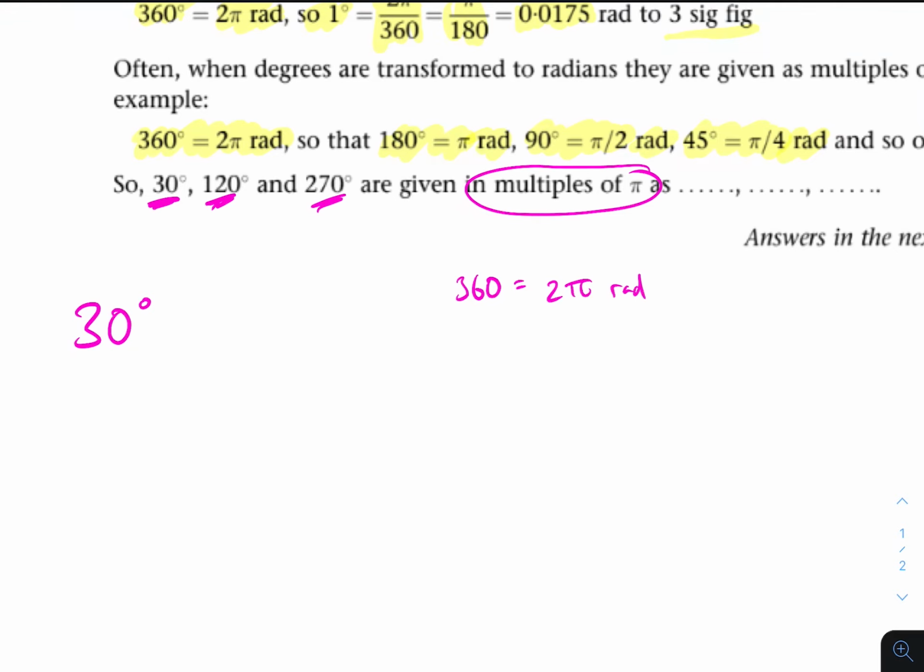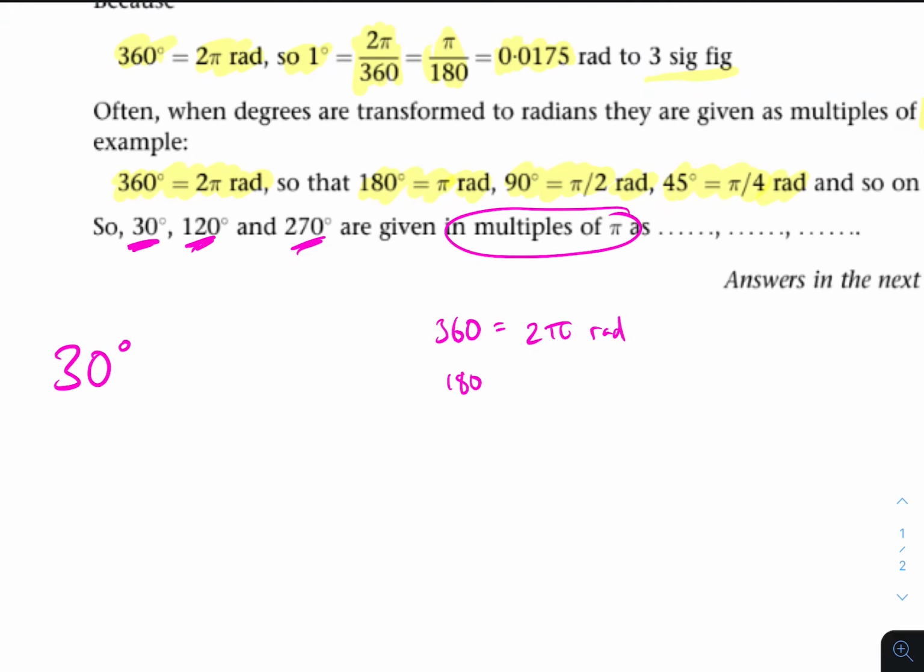And 180 is half of that, right? So 2 pi divided by 2, which is actually just pi, right? Then you've got 90, which again is half of that, so it should just be pi divided by 2.